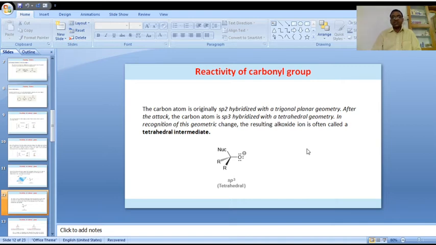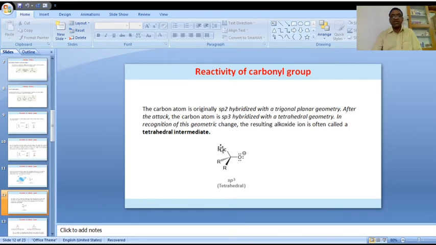After the attack, the carbon atom is sp3 hybridized with a tetrahedral geometry. This is the tetrahedral structure.